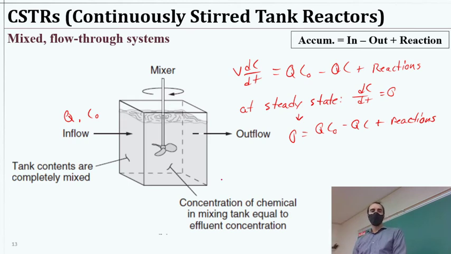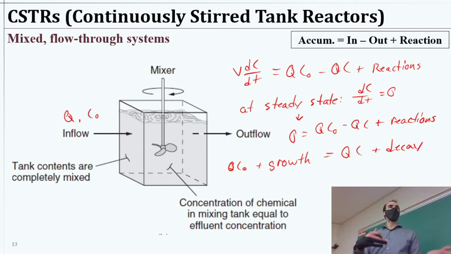So if you do get confused ever about how the reactions might fit in, and you're looking at a system that's at steady state, one thing you can do is say the inputs, Q C naught, plus any growth reactions are going to be equal to the QC leaving plus the decay reactions, because we have a balance there of the rate at which stuff is being added or produced is going to be equal to the rate at which stuff's being removed or decayed, destroyed. Okay?